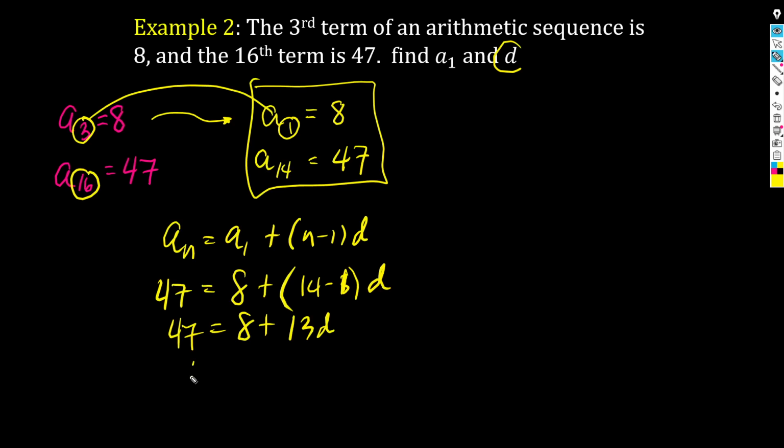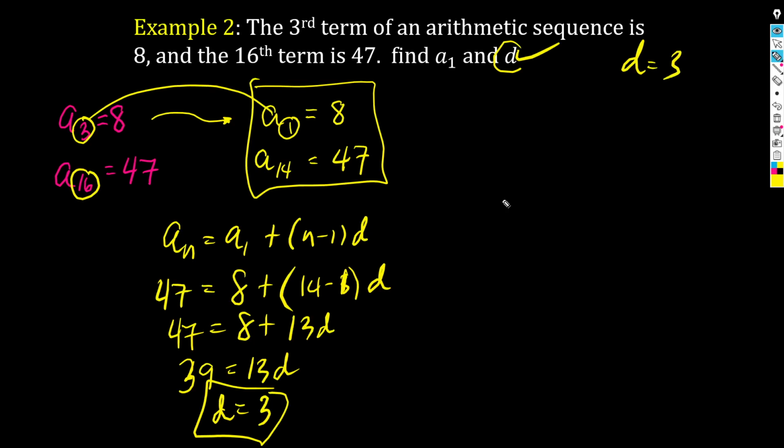And then, I have 47 minus 8, that's 39, equals 13D. Tama? Therefore, D must be equal to 3. Okay, may isa na tayo. D is equal to 3.